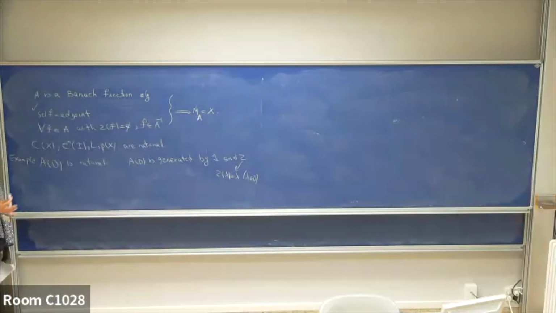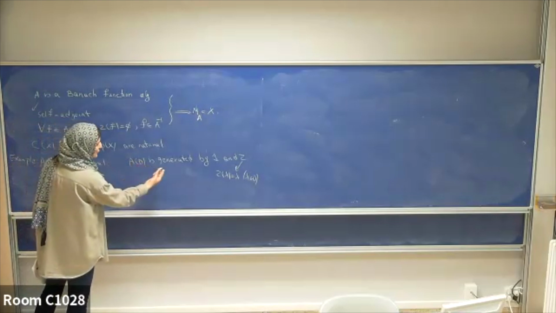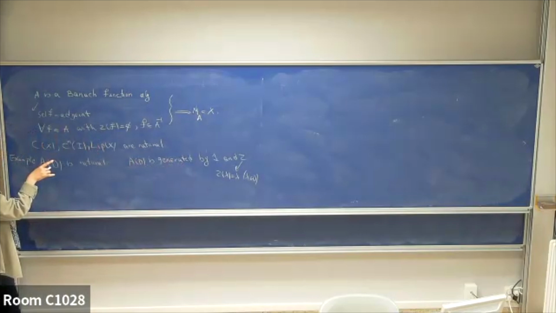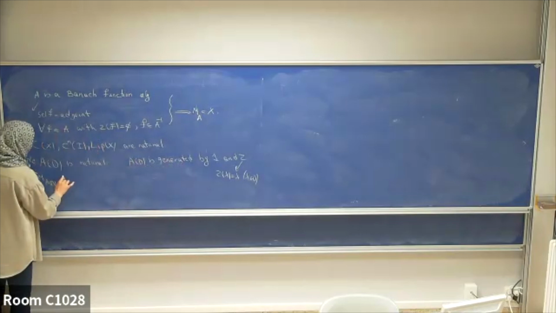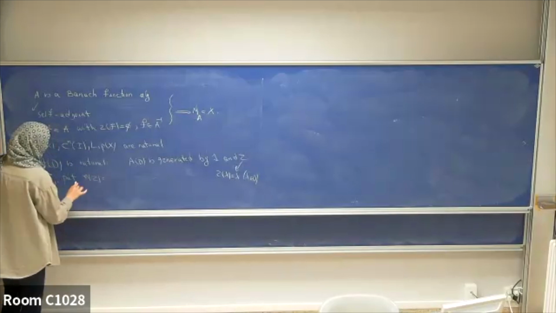From the previous proposition we had yesterday, M of AD is homeomorphic to the spectrum of Z. It means that Z can determine each character in M of AD. So let's take phi in M of AD and put phi of Z to be, for example, lambda.